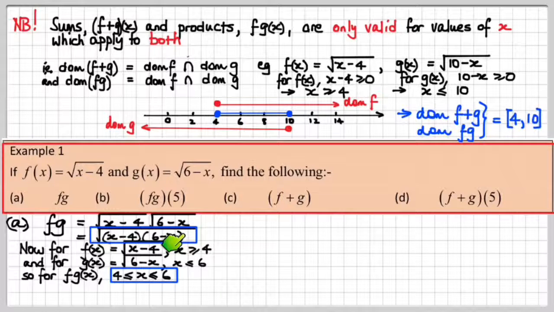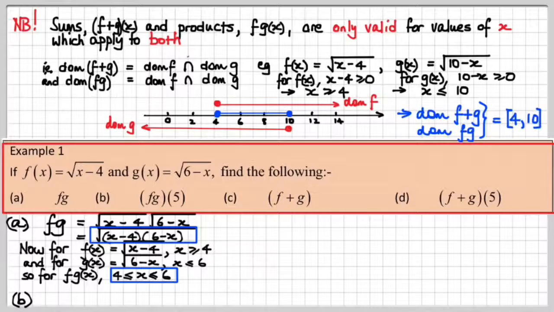So there's our answer. There's the function. There's the domain. Now I've worked out the domain because I thought it was the right thing to do. If they don't ask you, I suggest you do it anyway, because the domain really is important for these functions.